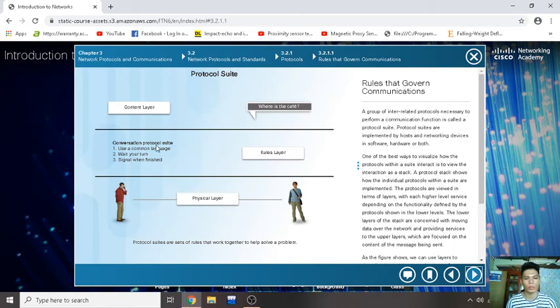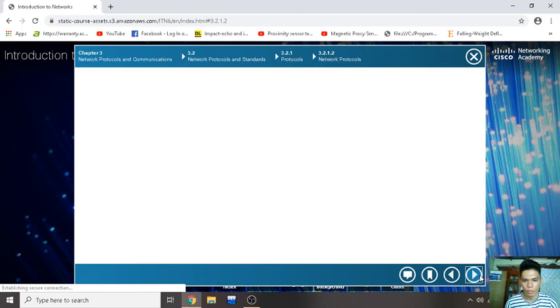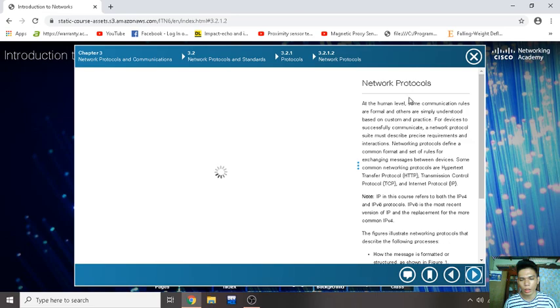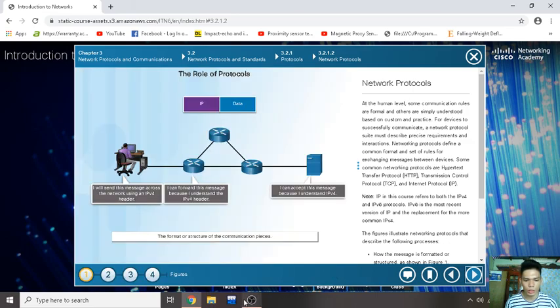So this protocol suite commonly uses a common language, like when you are talking to someone, you use a common language, wait your turn, because unlike in message timing, where they are both speaking at the same time, you should wait for your turn to speak and signal when finished. And this is all in network communications, and that's all. Thank you.